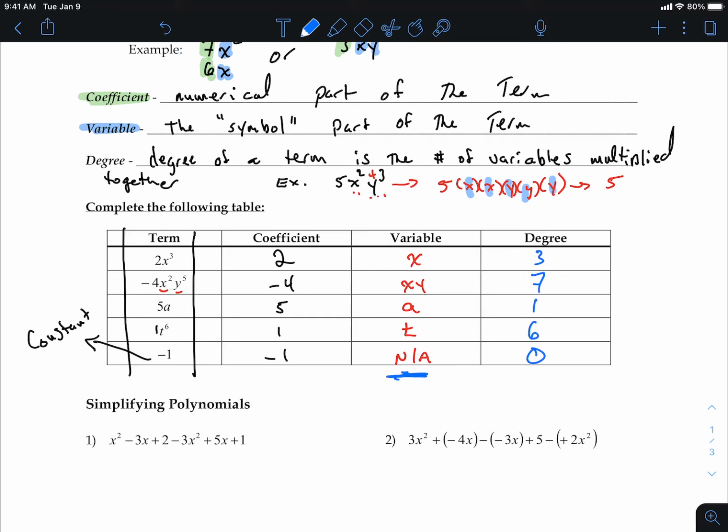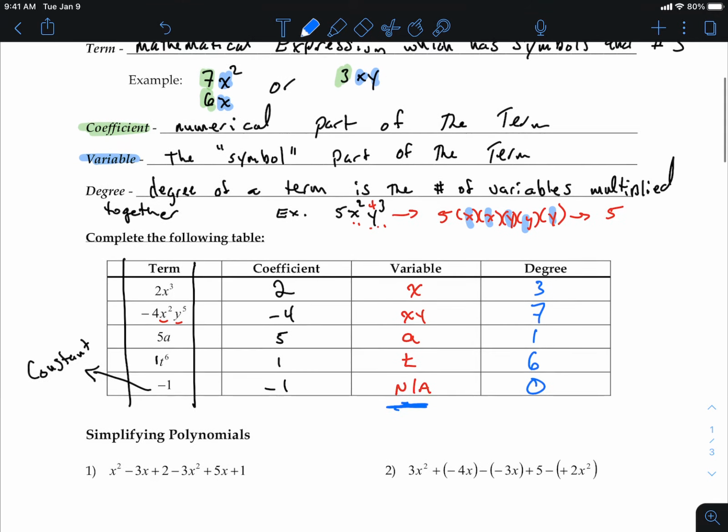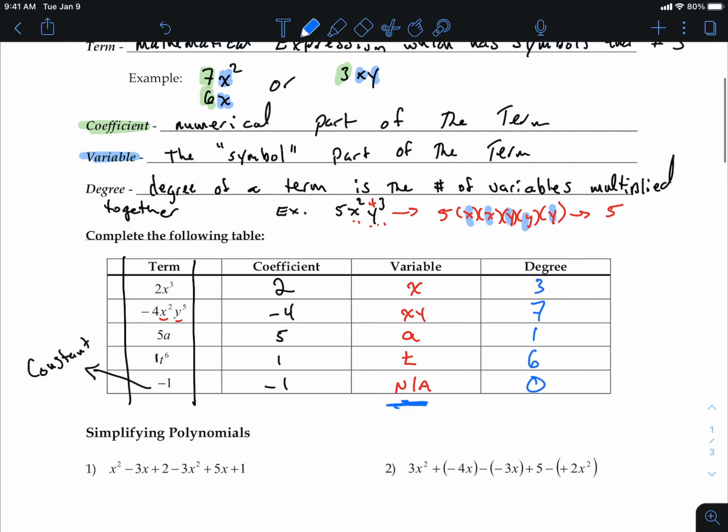No, the one that you wrote, the degree. 0, you can't write 1. No, it's not 1. There's no variable. If you write that it is 1, remember the degree is only applicable to the variable. Yeah, it's counting the number of variables basically. Okay, so if there's no variable, it can't have a degree.